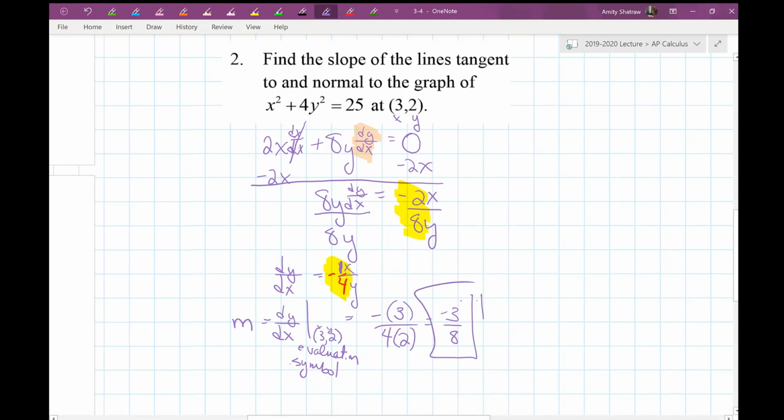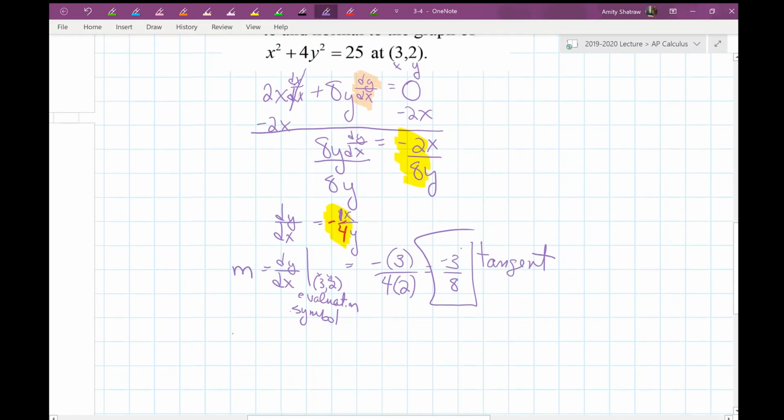This one is the tangent slope. What about the slope of the normal? Remember that it's supposed to be opposite reciprocal, so instead of being negative, I'm going to make it positive, and the reciprocal of 3 over 8 is 8 over 3. So those would be the tangent slope and the normal slope.